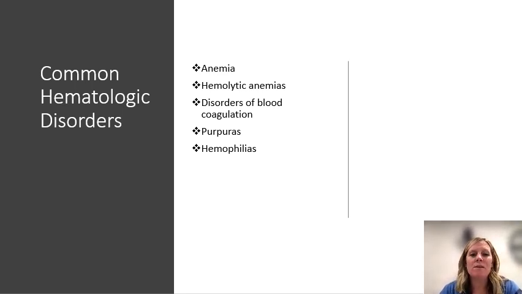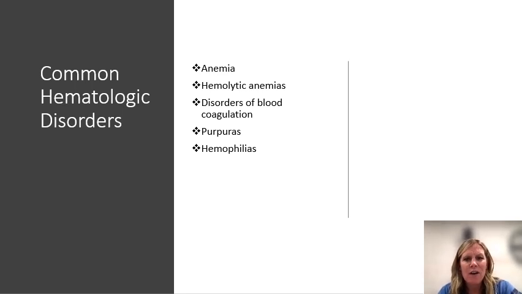Hemolytic anemias. This is where the number of erythrocytes are low because of increased destruction. So some common disorders that cause the hemolytic anemias, caused by low erythrocytes because of destruction within the body, are congenital spherocytosis, which is a genetic congenital disorder that can kind of attack the erythrocytes.